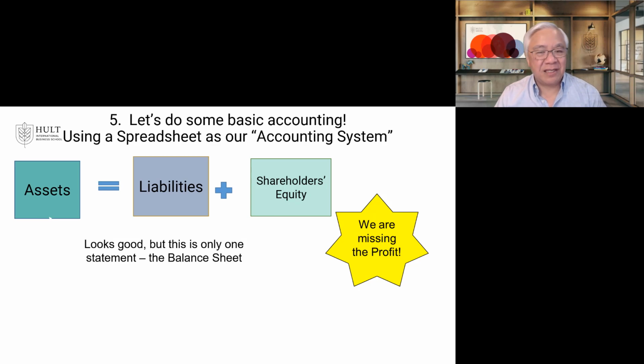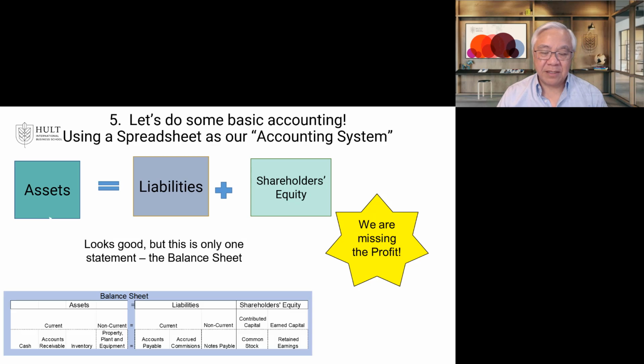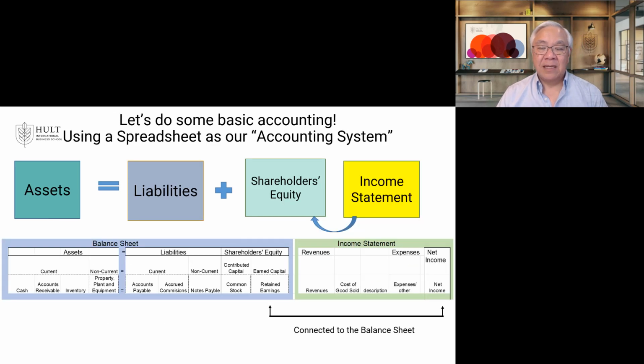Well, I gave you a clue on that a moment ago, but now we have to show how that works on the template. And it works like this. The income statement hooks into shareholders' equity through the retained earnings account. And so the spreadsheet has to have that as well. So in the blue section, we see the accounting equation: assets equal liabilities and equity. On the right side, we see in a different color, green, the income statement.